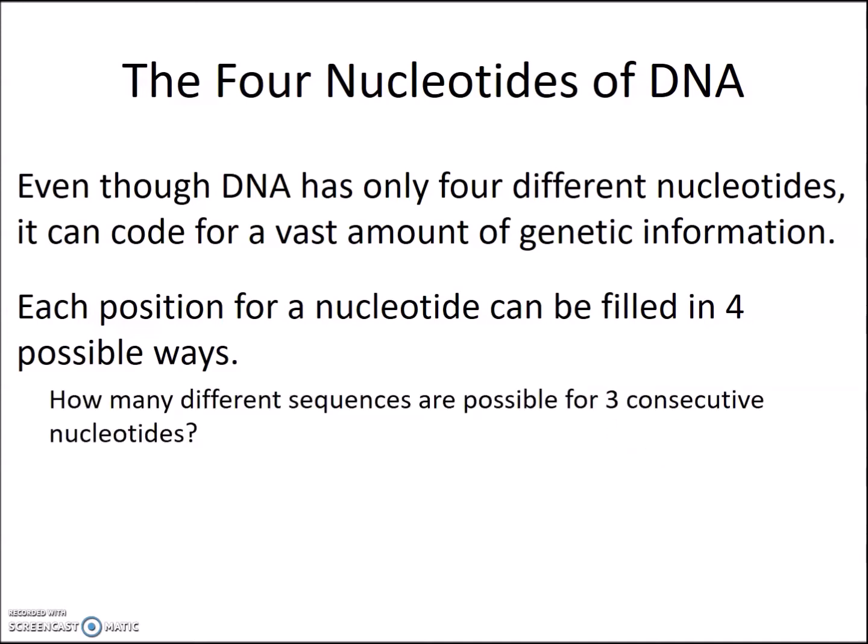So if your only choices are adenine, cytosine, guanine, or thymine, that's 4 choices, and you can have 3 of them in succession, how many different arrangements of A's, G's, C's, and T's can you get? And it's okay to repeat. You could have, for instance, adenine, adenine, adenine, or you could have thymine, thymine, thymine. How many different letter combinations could there be?